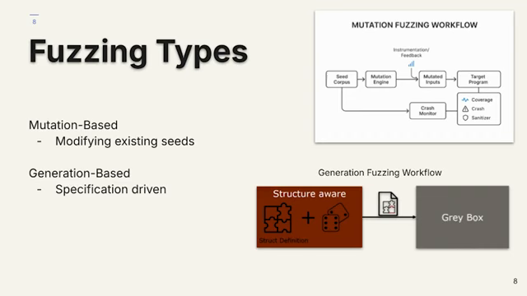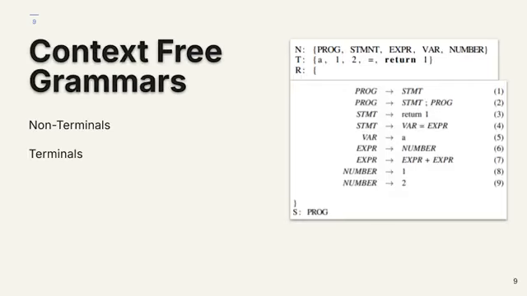To understand Nautilus, you need to look at context-free grammars. Context-free grammars are a set of production rules for the language. Terminals can be broken down further and further. Non-terminals are where the breakdown stops. The grammar describes the syntax of the programming language and shows what is valid and not valid.